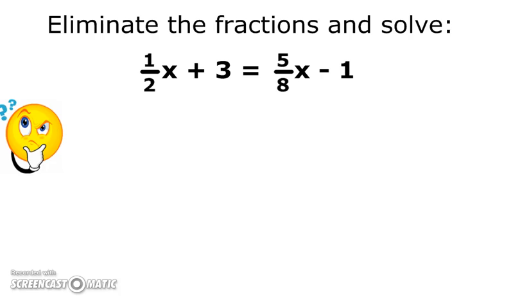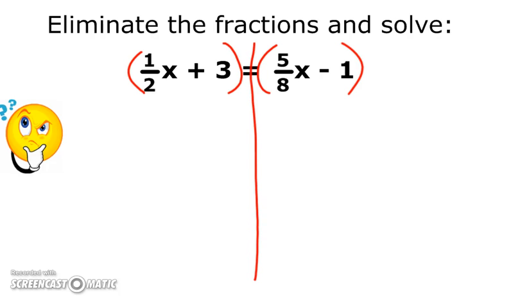All right, so here is another example. It's the 5th slide on the sheet. It says eliminate the fractions and solve. I see there's fractions, so I'm putting everything in parentheses. 2 times 8 is going to be 16.